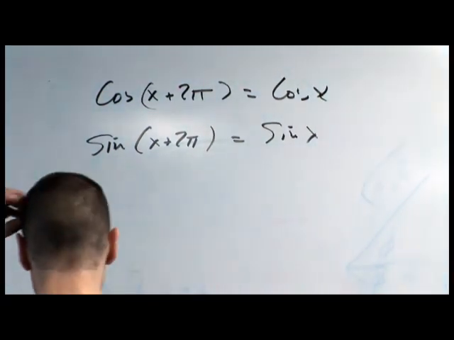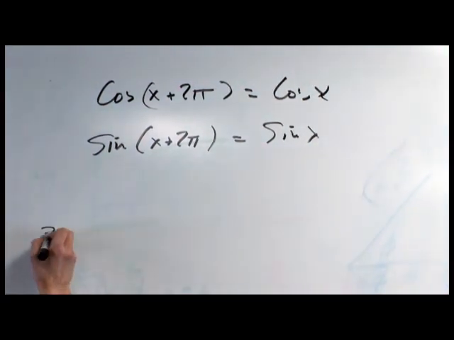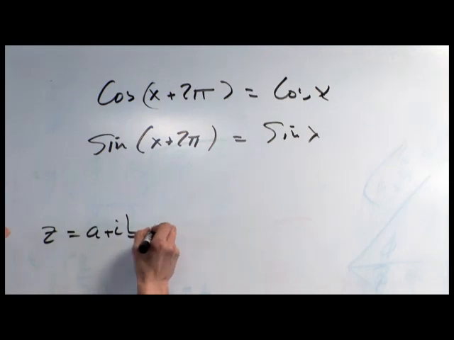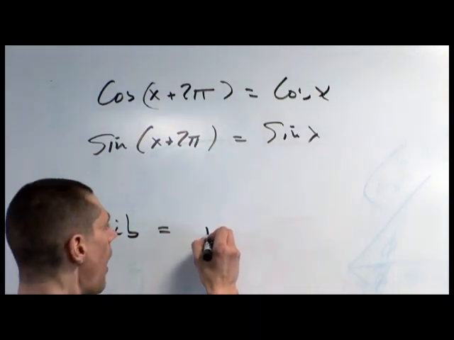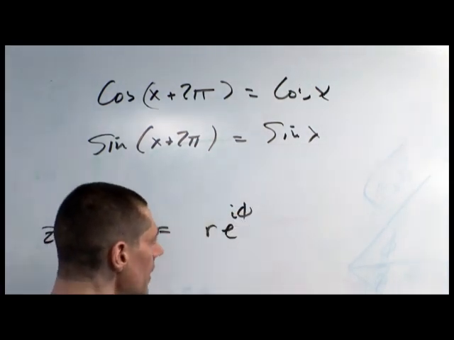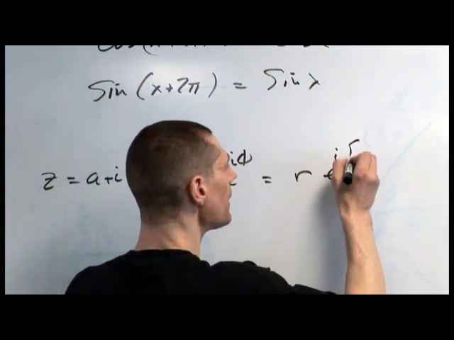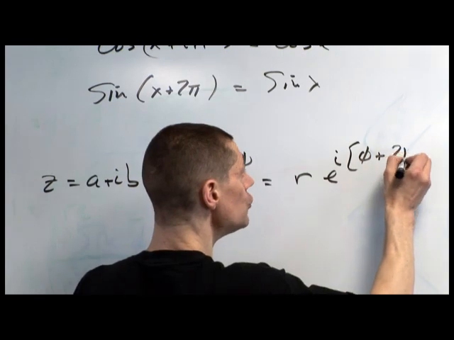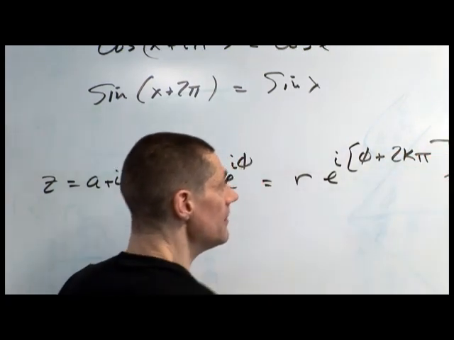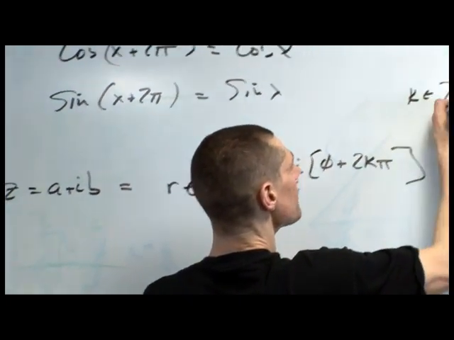So if I have this number, z, which is a plus ib, and I'm going to write this as r e to the i theta, I can write this as r e to the i times theta plus 2k pi, basically where k is an integer here.